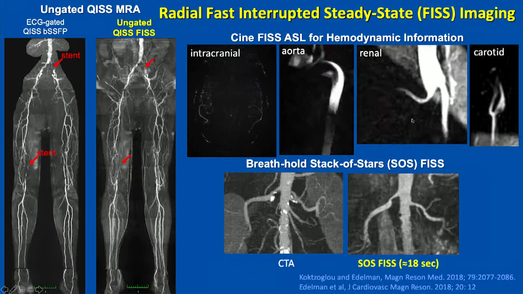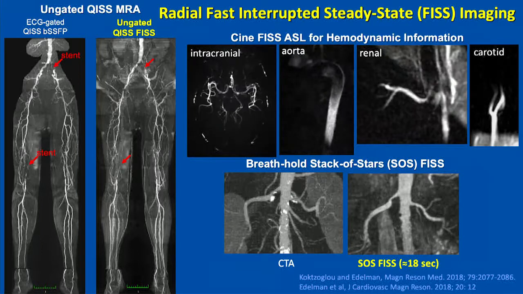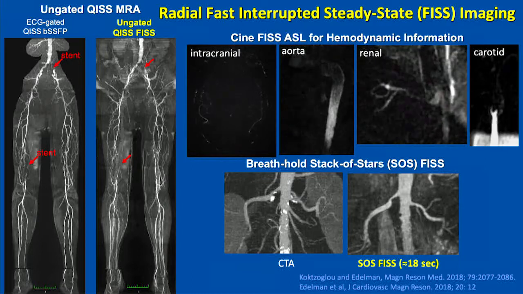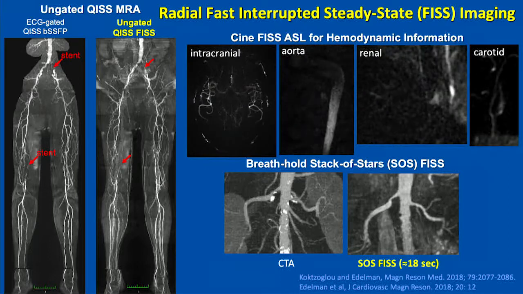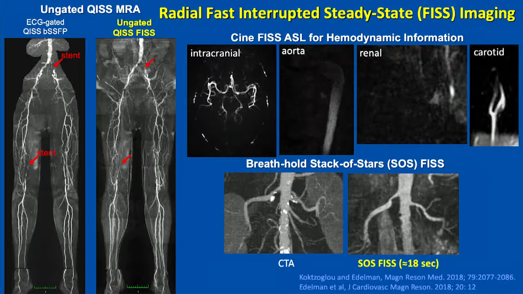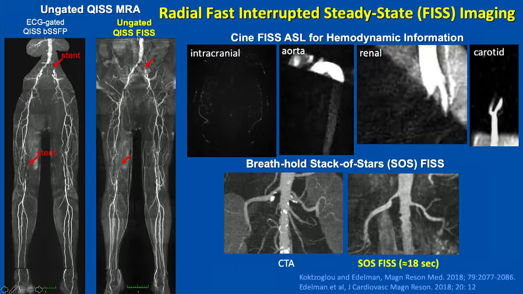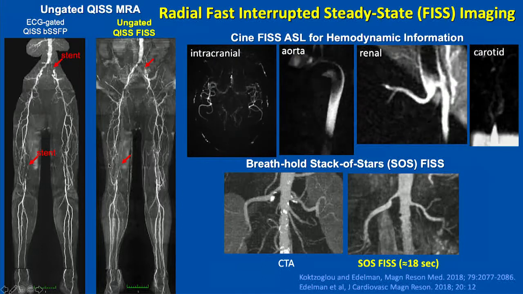We can also look at new steady-state imaging sequences and radial fast interrupted steady-state FISS imaging. We found it to be very useful for ungated, non-enhanced imaging of the lower extremities here, as shown on the panel on the left. So this is completely ungated. No cardiac gating was involved in acquiring this lower extremity MRA angiogram.